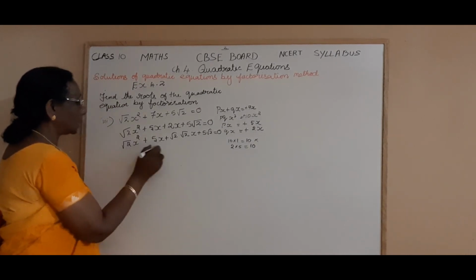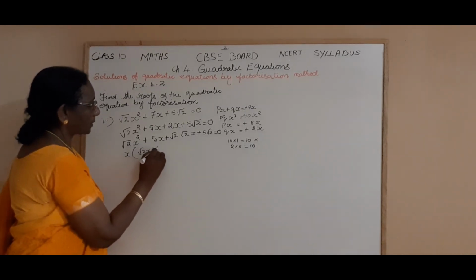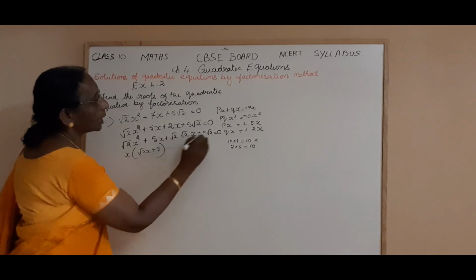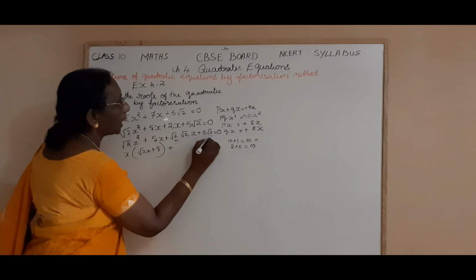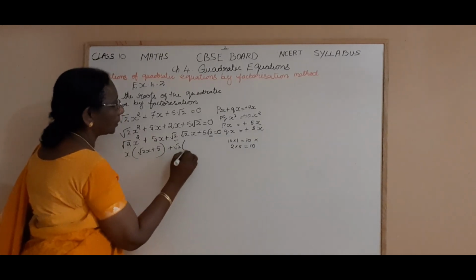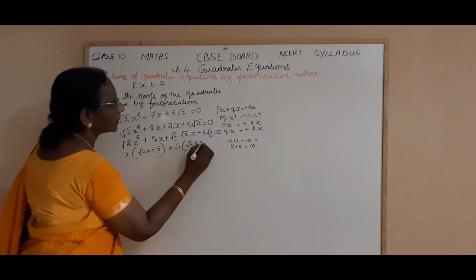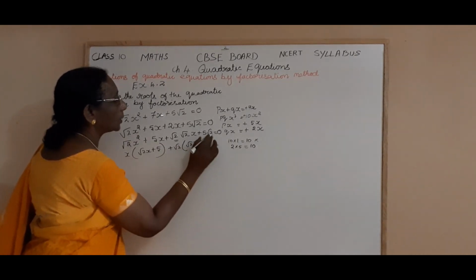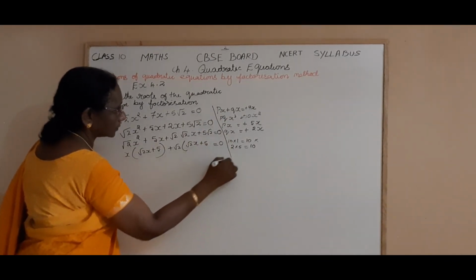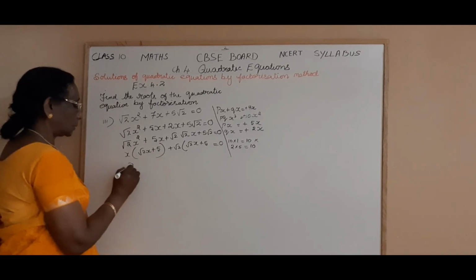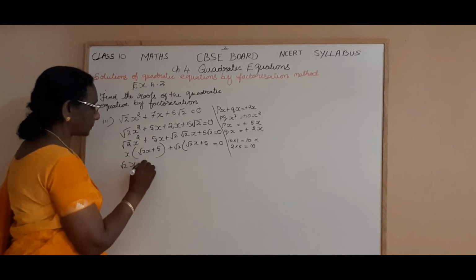Now what is common in this? X. X into root 2x plus 5. Okay, and plus, again what is common here? Root 2 and root 2. So root 2 into what is left over here, root 2x plus 5 is equal to 0. Okay, so what is this? Root 2x plus 5.